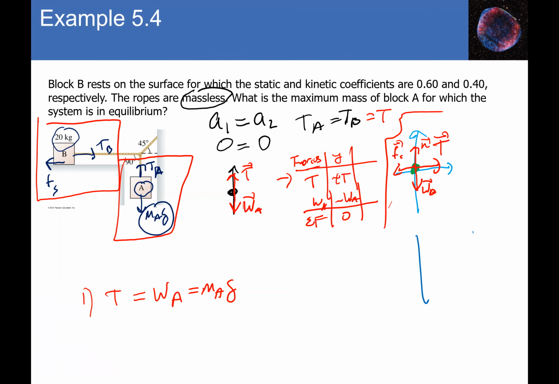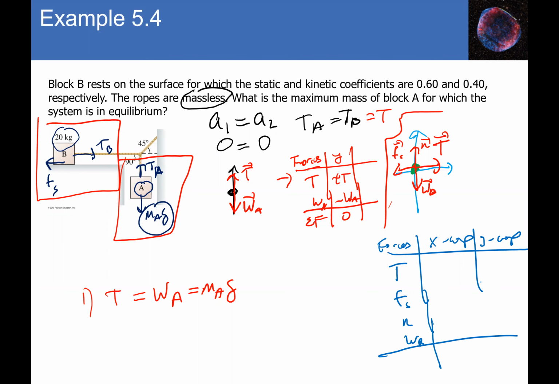Okay. So then let me make a table for that. Forces, X components, Y components. I have T, static friction, normal force, and weight of B.